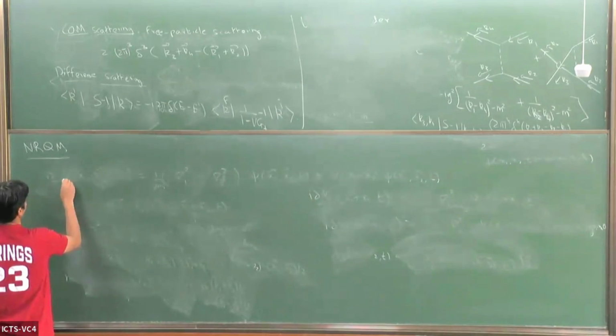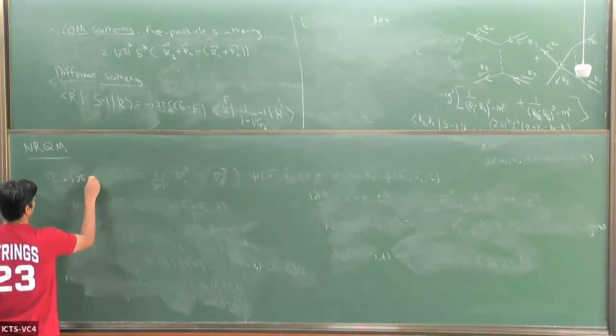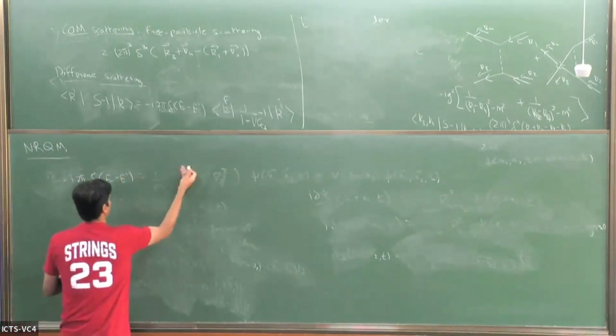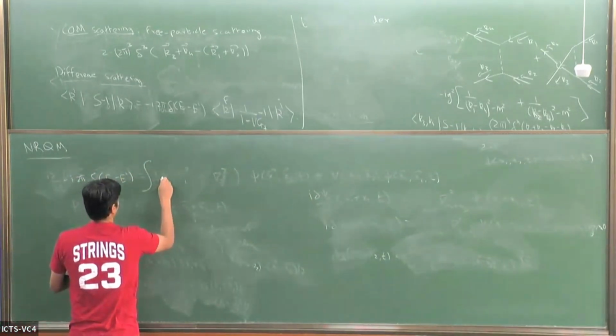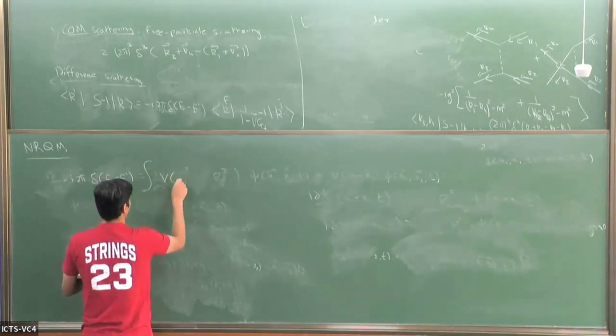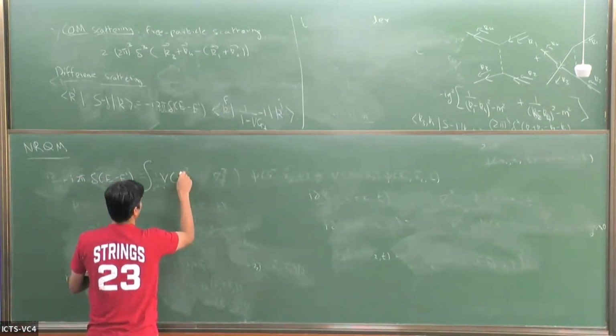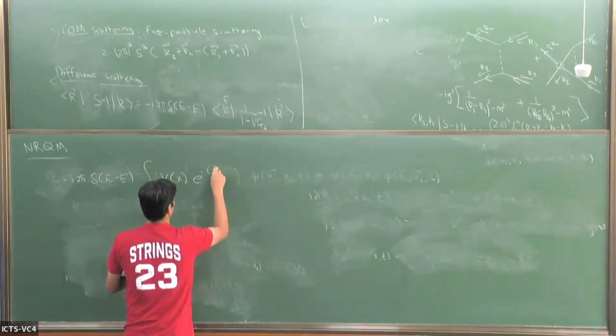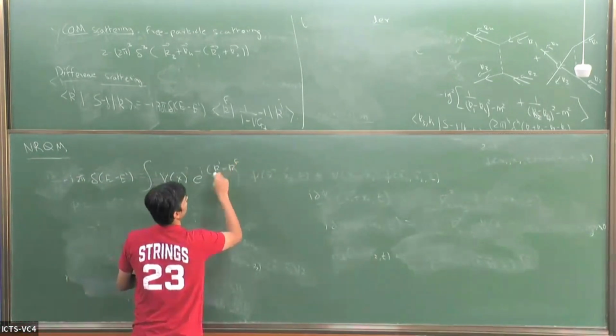We get minus i 2π δ(E − E′) times the integral of V(x) e^{i(ki − kf)·x}. This is initial minus final.